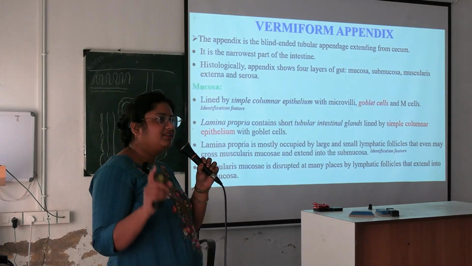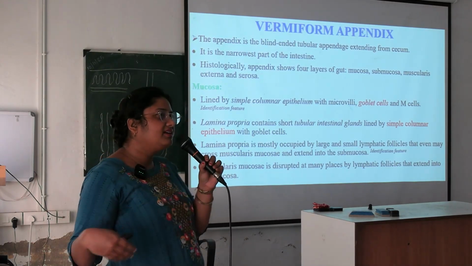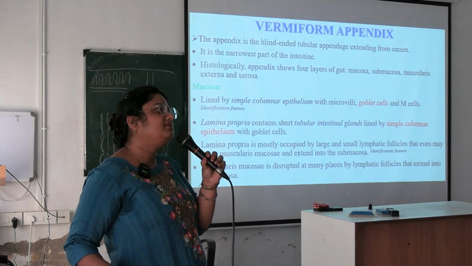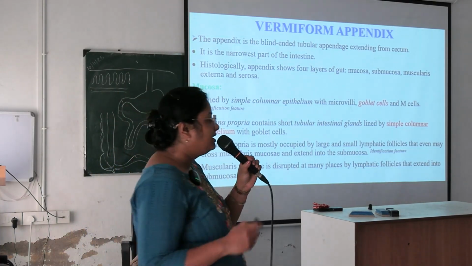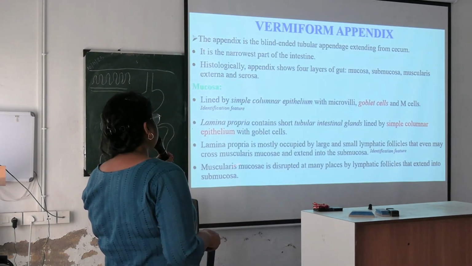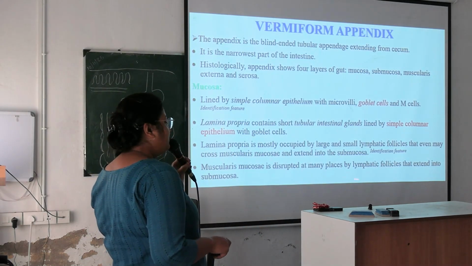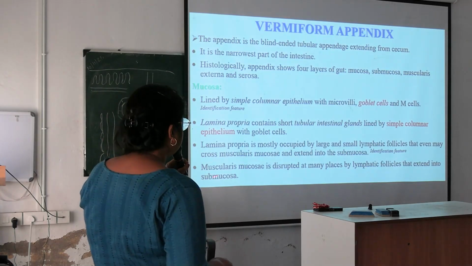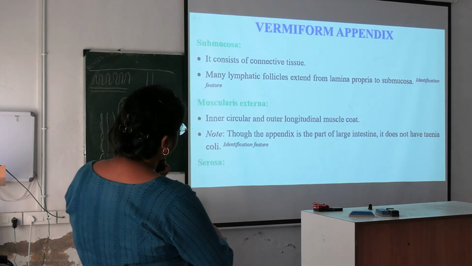This is the identification point: presence of numerous lymphatic follicles in the lamina propria that extend into the submucosa. Muscularis mucosa is disrupted at many places by lymphatic follicles.